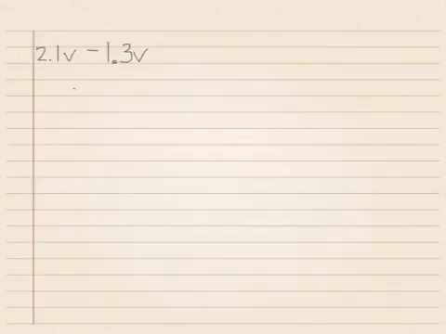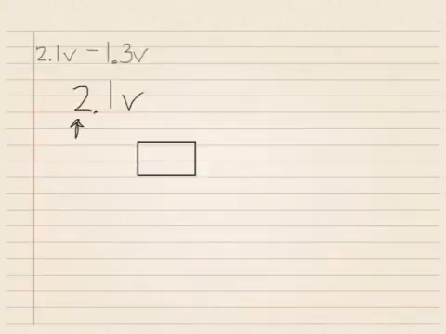When we have this 2 and 1/10 of v, we see first that we're going to start out with 2 whole groups of v. So here's one group, and here's 2 groups. We represent that this whole thing is our number v.